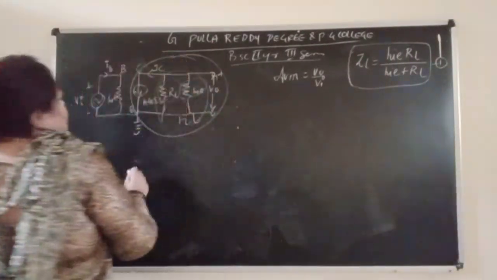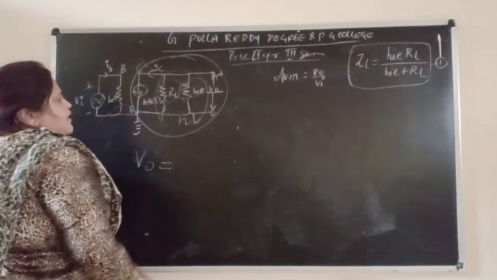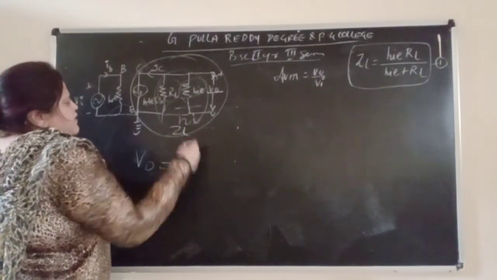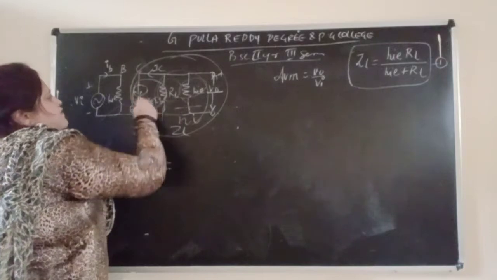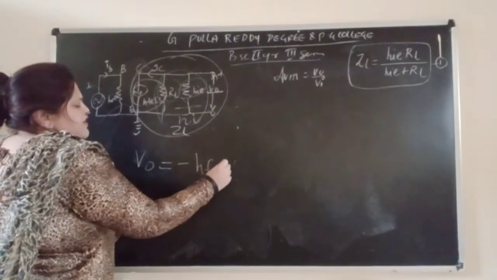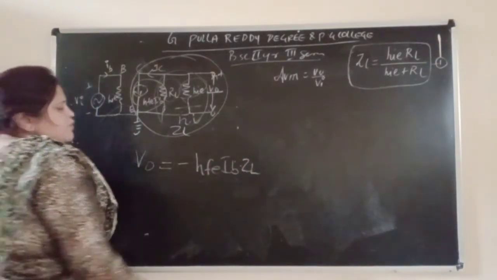In this block, what will I write? V naught is equal to, total is ZL. V equal to IR, where I is minus because the current direction is down: minus HFE IB into ZL. This is equation 2.